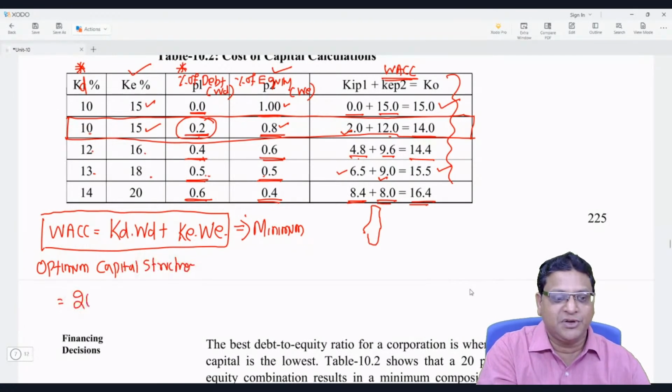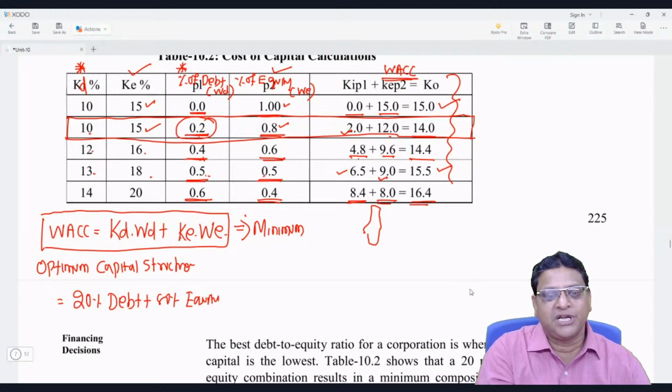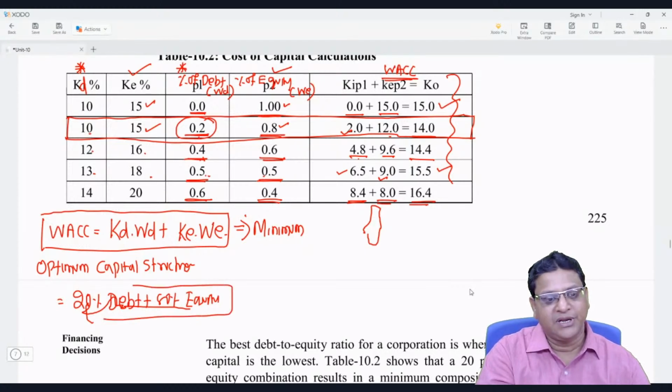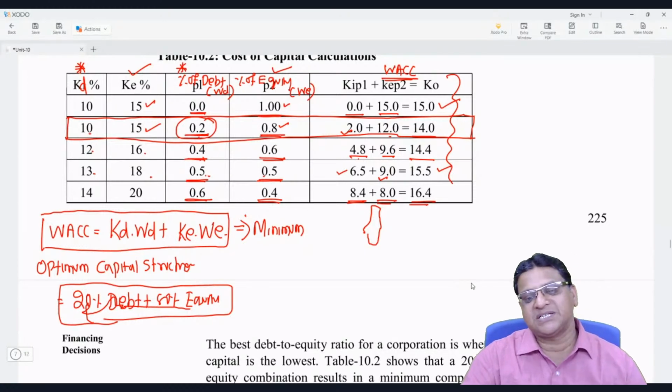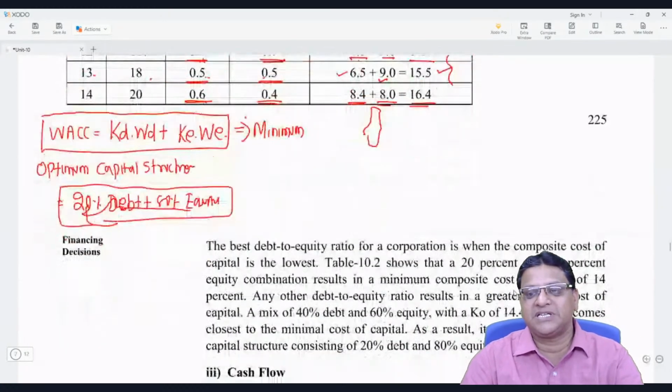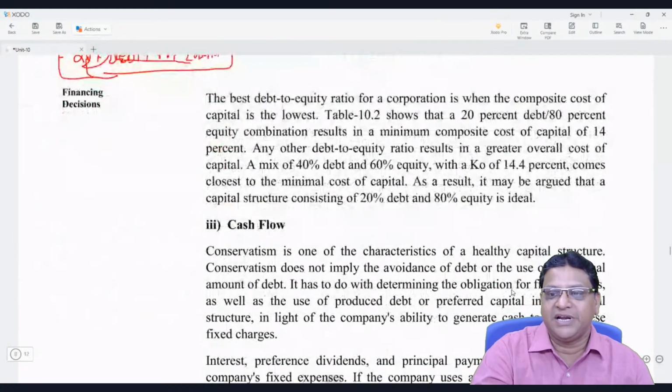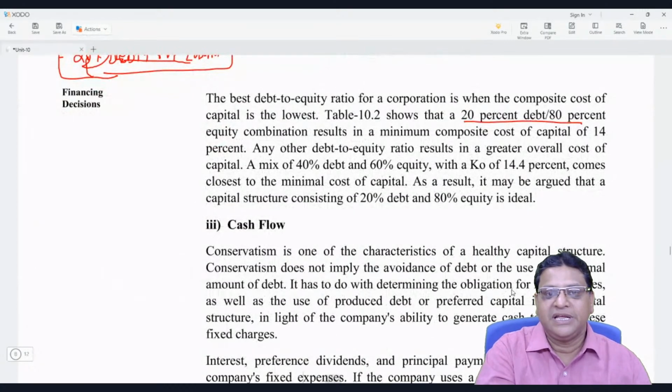And how many percent equity? 80% equity. 20% debt plus 80% equity is the best or optimum capital structure in this particular case. So what is the best capital structure? 20% debt and 80% equity.